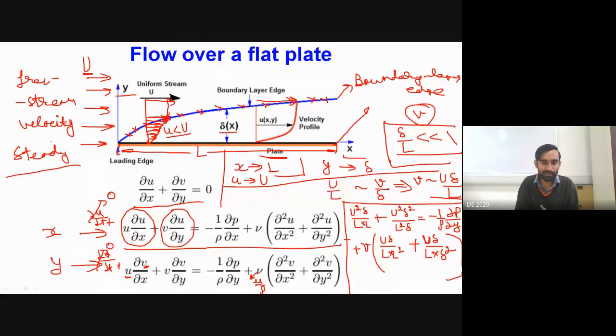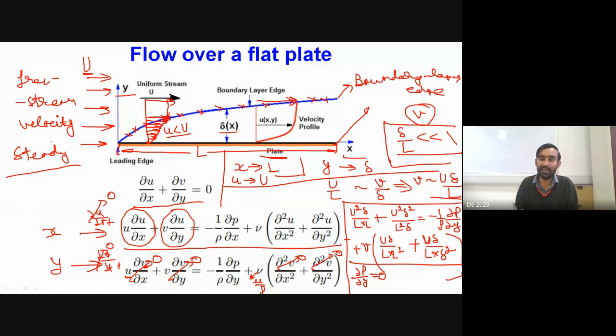In the y momentum equation, almost every term involves delta by L, so we consider all these velocity terms negligible for our typical situation. Because of that, we find that del P by del y is equal to 0.